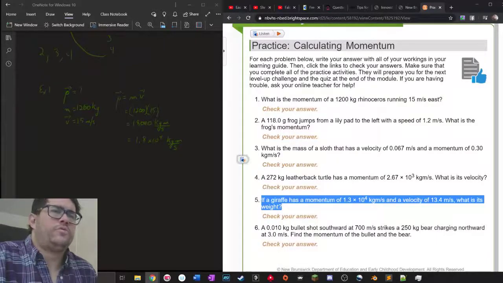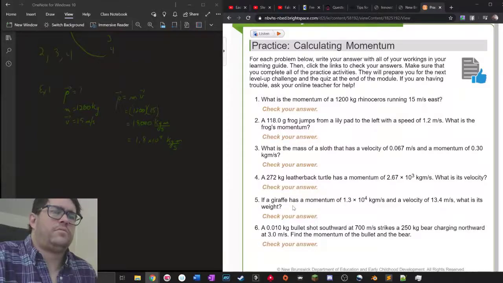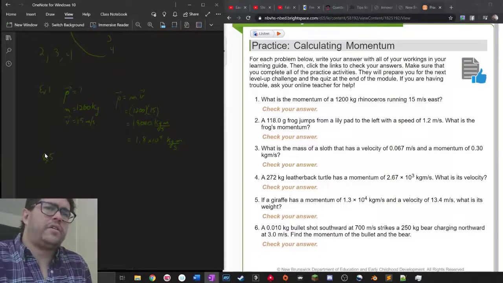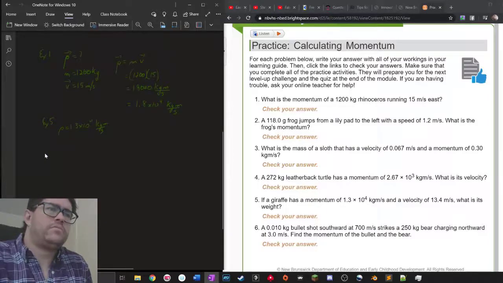Let's do number 5. Real quick. A giraffe has a momentum of 1.3 times 10 to the 4 kilogram meter per second. Don't hesitate. Write it down. Write the units down.